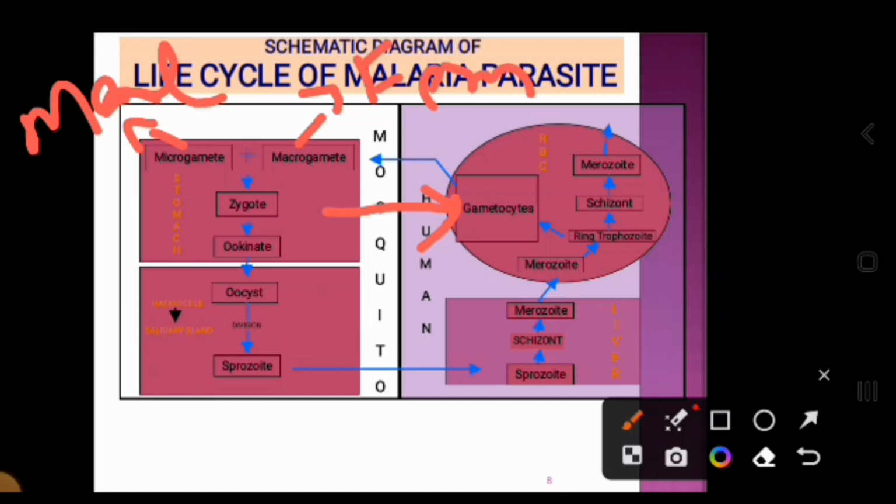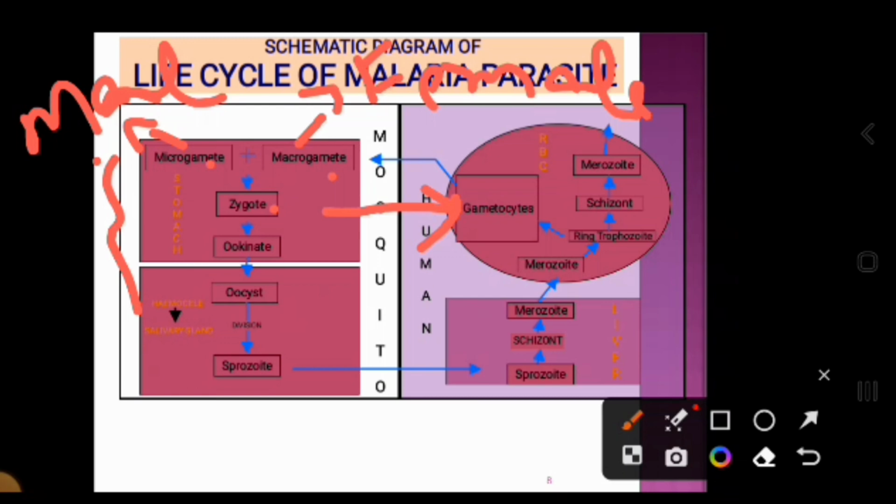Here in the mosquito's gut, the microgamete and macrogamete unite. The microgamete penetrates the macrogamete. Once this mating occurs, they first form the zygote. From the zygote, they form the ookinete. Here in the mosquito's body, the sexual reproduction occurs.